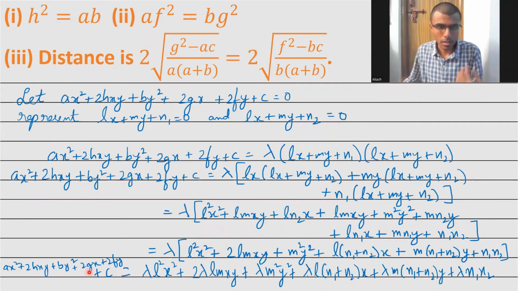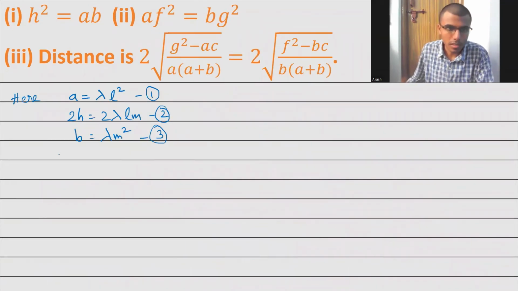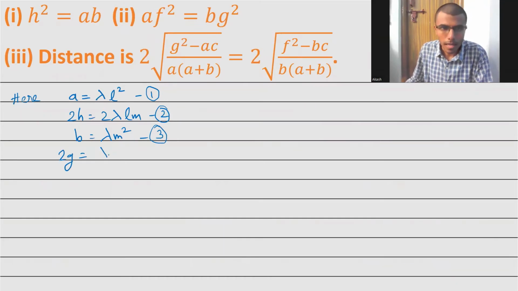Next, the coefficient of x is 2g on the LHS, and the coefficient of x on the RHS is lambda L into n1 plus n2. So 2g is nothing but lambda L into n1 plus n2. This is my fourth equation.